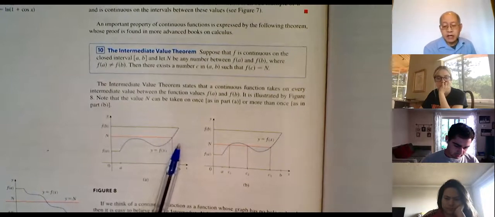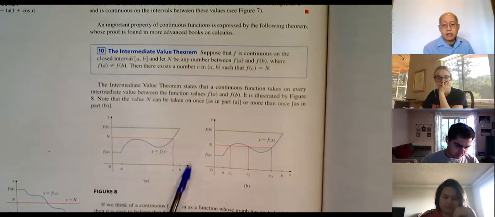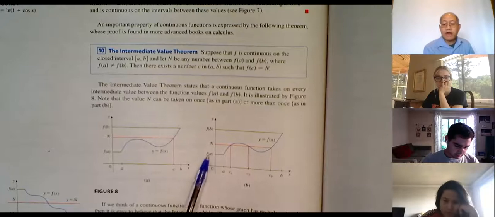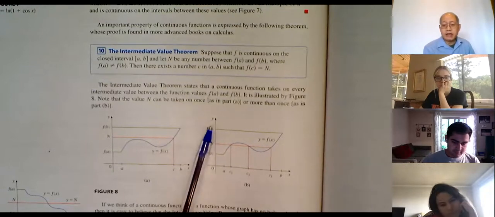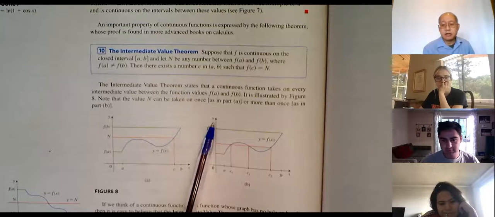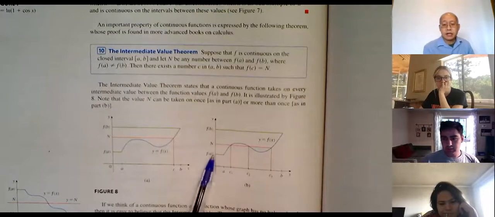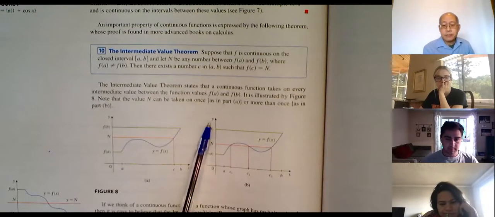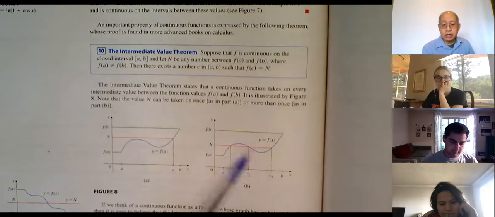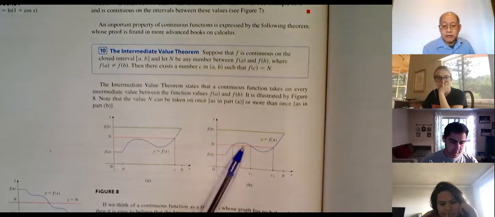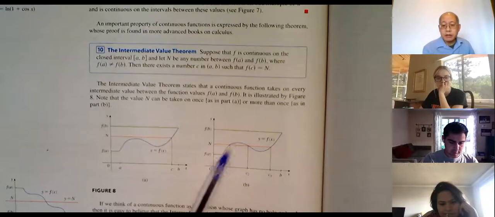Okay, I think it's more intuitive if I give you actual numbers. Let's suppose this y value is 3 and this y value is 10. You don't have to write this down as long as you understand the concept. And it's a continuous function. That means you can graph it without lifting up your pencil from the paper, right?